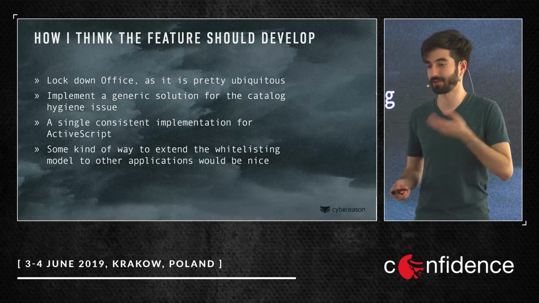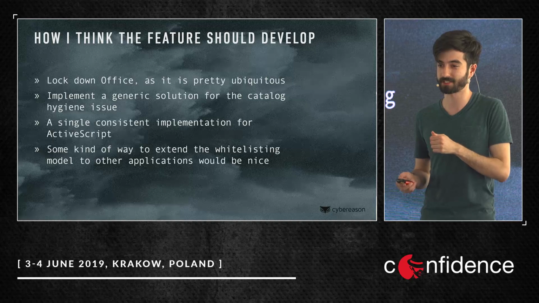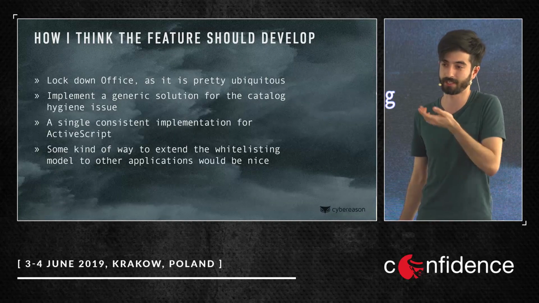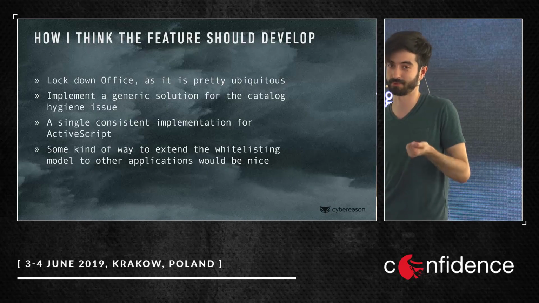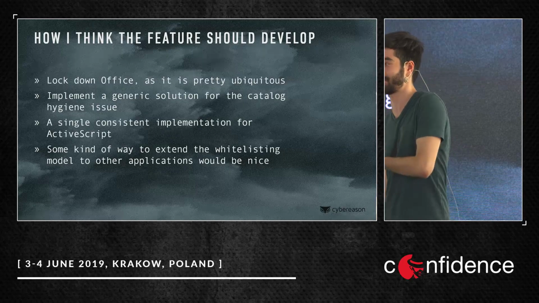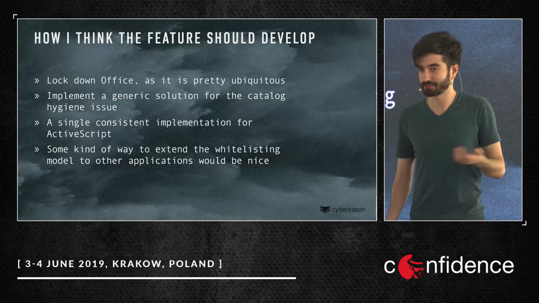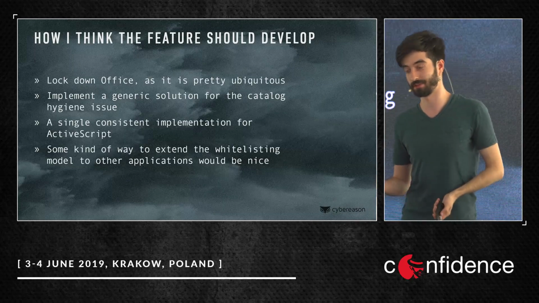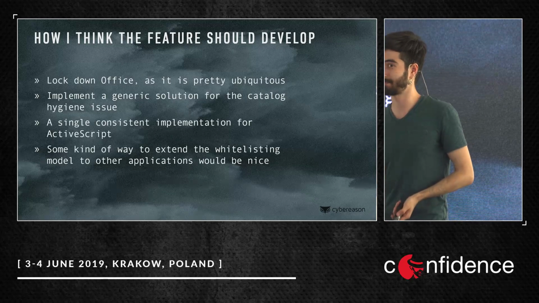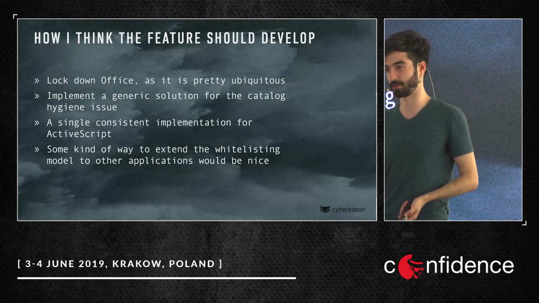Also, I'm not sure that I found the only vulnerability in the implementations of ActiveScript. So fixing that would be nice, like one consistent implementation. And also, if you've read about a bit of Microsoft news, you know that apparently Python is available on the Windows Store.